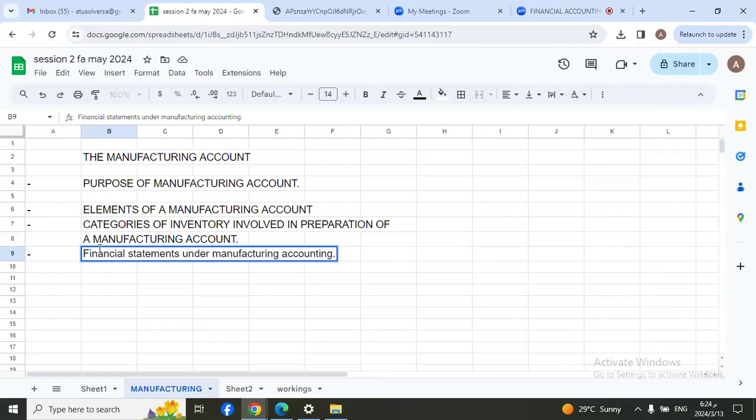So, ladies and gentlemen, at the end of this topic, I expect everyone to be able to prepare a manufacturing account, a trading account, a statement of profit or loss, and a statement of financial position for any manufacturing company.